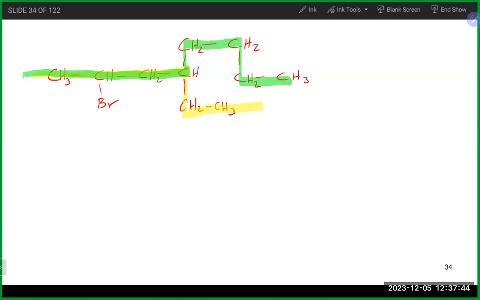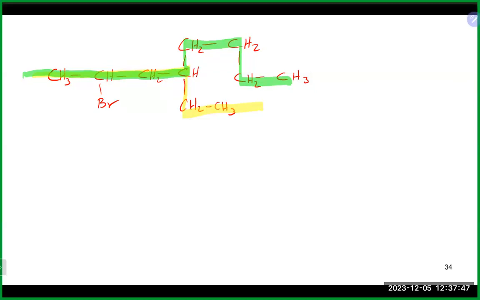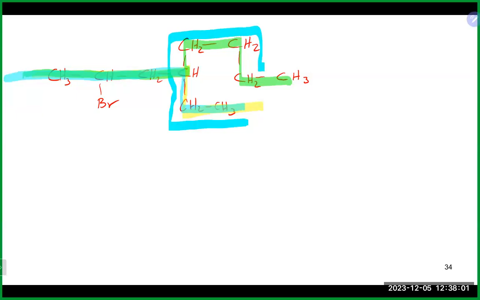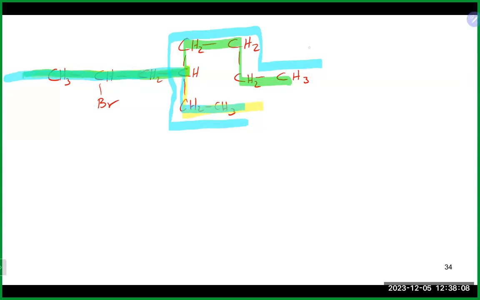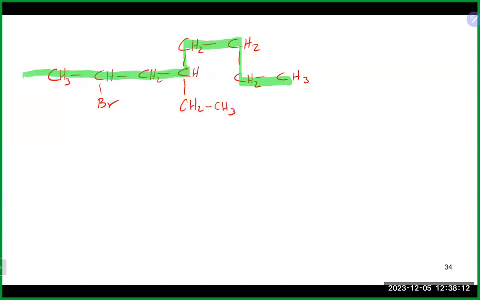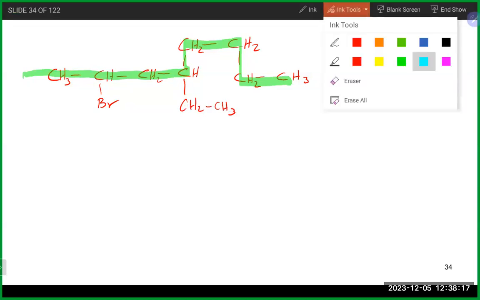By the way, to check the other options, you could start over here, going 1, 2, 3, 4, 5, and 6, which is still less than 8. And you could also start here, going 1 through 7, which is pretty close as well. But I think it is going to be 8. It looks like a winner, and that is the longest. But again, you do want to check all your options. So that's going to be our longest continuous carbon chain.